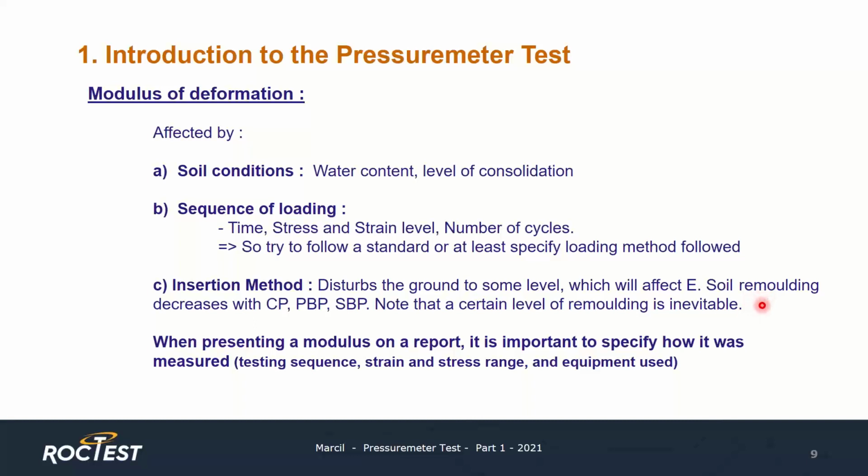Typically, the level of remolding should decrease from cone pressure meter to pre-bore pressure meter to self-boring pressure meter. But note that a certain level of remolding is almost always inevitable. So when presenting a modulus on a report, it is important to specify how it was measured.